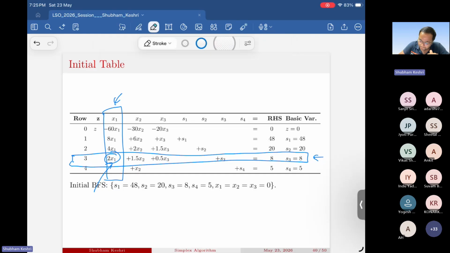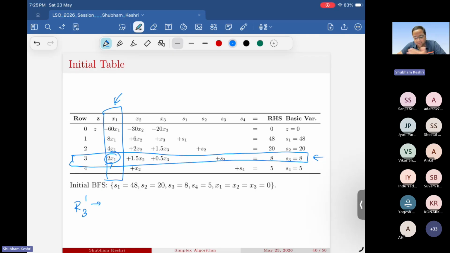What you have to do is make the coefficient of the pivot element 1. So row 3 in the next table, table 2, will be divided by 2 throughout, and we will make the coefficient of x1 as 1 in this row. For the other rows, even for row 0, we will perform elementary row operations to make the coefficient of x1 as 0.